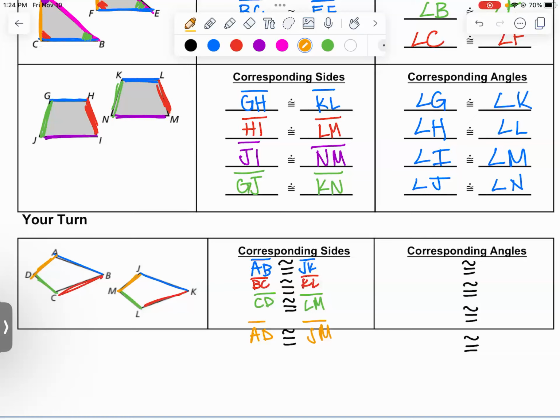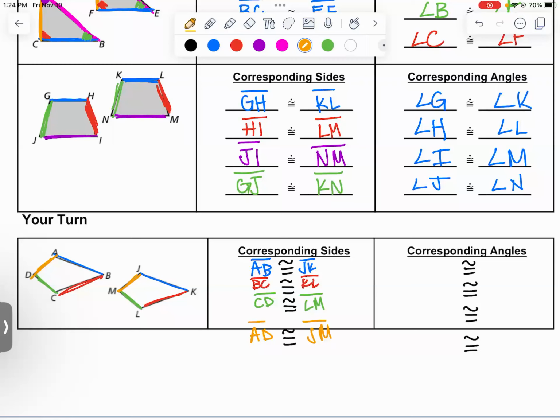Okay, thank you. Here's your notes. They are corresponding angles. Okay, so instead of ACD, just AD and JM, just 2 letters at a time instead of 3 letters at a time. Okay.